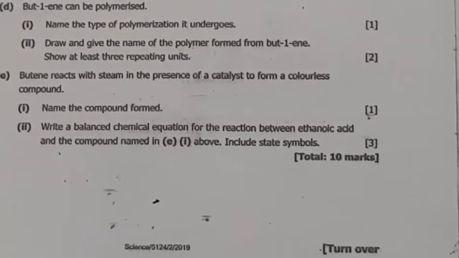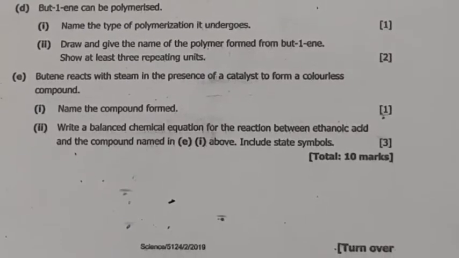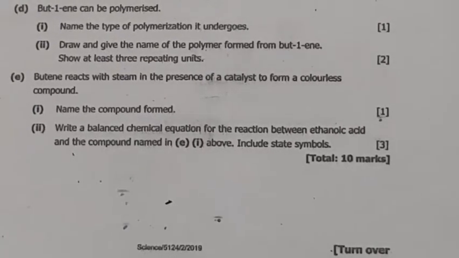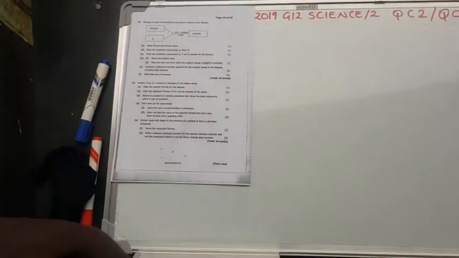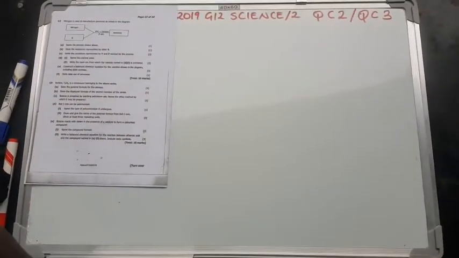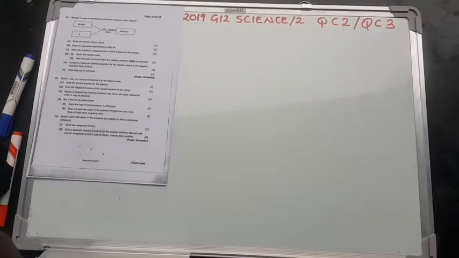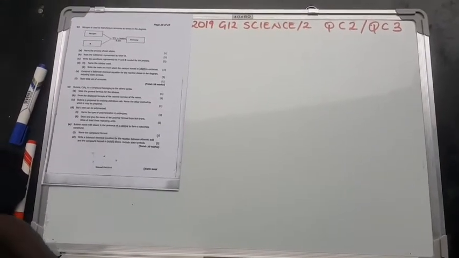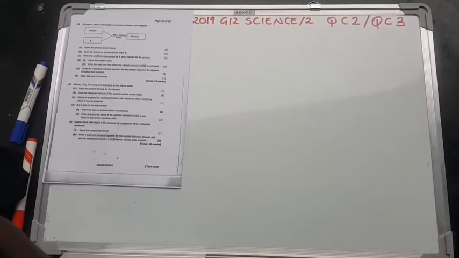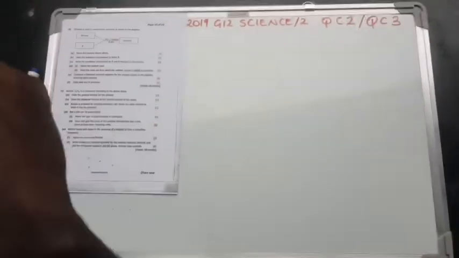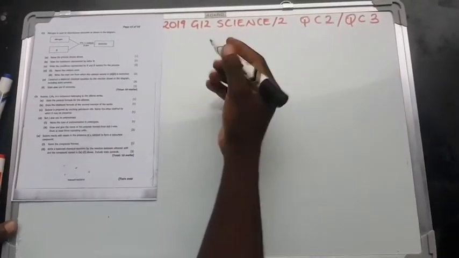Butene reacts with steam in the presence of a catalyst to form a compound. Name the compound formed. Now we know that an alkene reacting with water in the presence of a catalyst forms an alcohol. Let me just do a quick example.